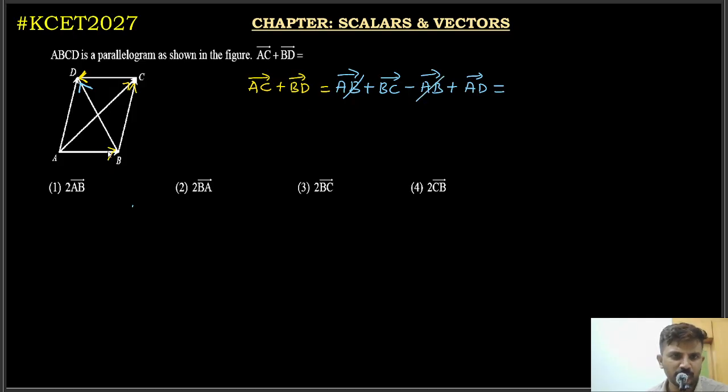So we have BC plus AD. BC and AD are having the same length, so these two get added up. So BC plus BC is 2BC. Because AD length and BC length are same and direction is also same, you can write it as 2BC. That is option 3 is correct.